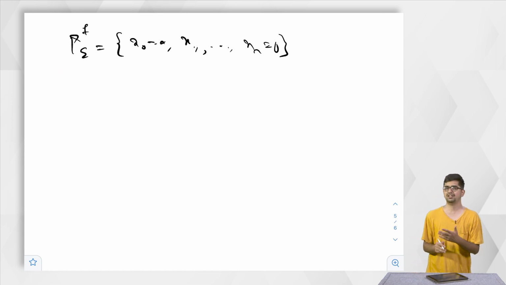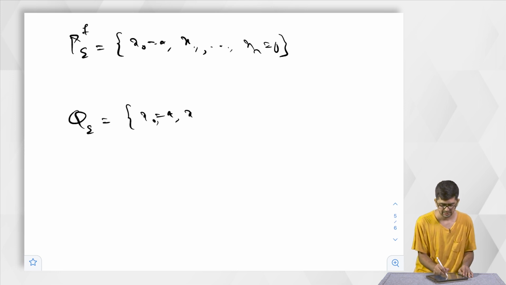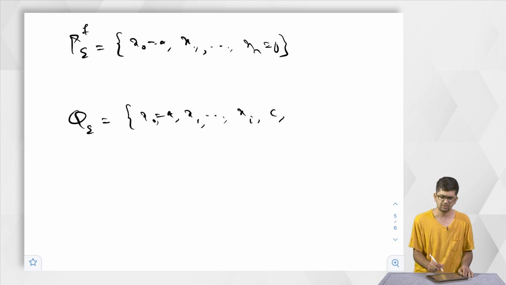So in both cases we get some partition, that I am calling q epsilon, some partition x0 is equal to a, x1, dot dot dot, xi, c. Let me write down the partition.